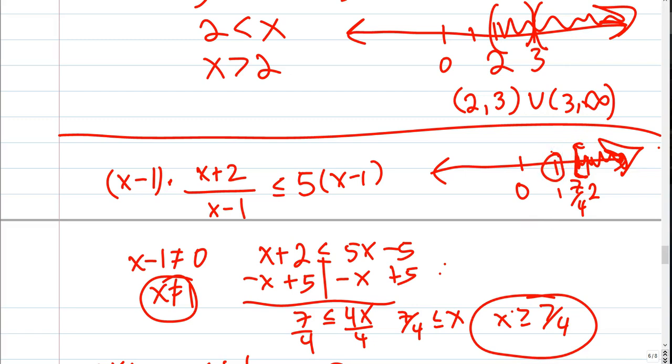Well, it was over here at 1. But we didn't shade the 1, so that's not an issue this time. This is our answer, just from 7/4 on to infinity. Don't forget a bracket on the 7/4. Why? Because the hole didn't fall in the region that we shaded. So there is a restriction on x, but it didn't make a difference this time.